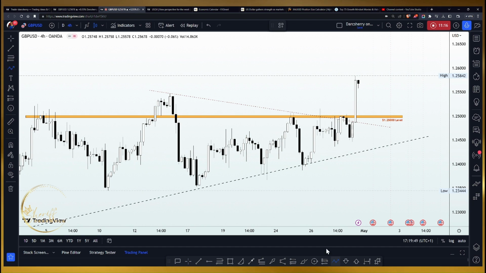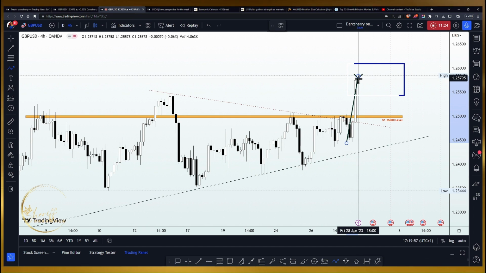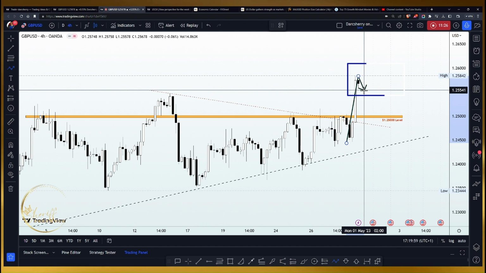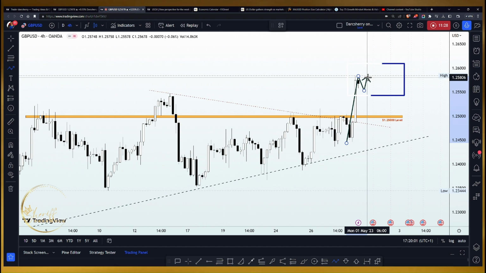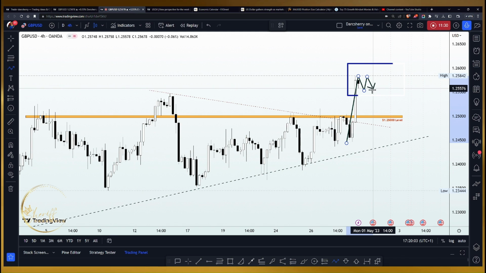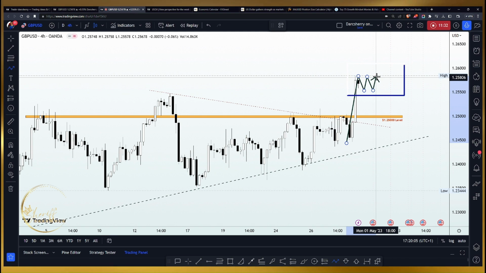Then another thing that could happen here is this impulsive move that we saw here, this impulse leg, could transition into a trend continuation pattern, probably in the form of a flag pattern or a bullish rectangular pattern where price is caught within a consolidation phase, probably during the first half of the new week and the new month.